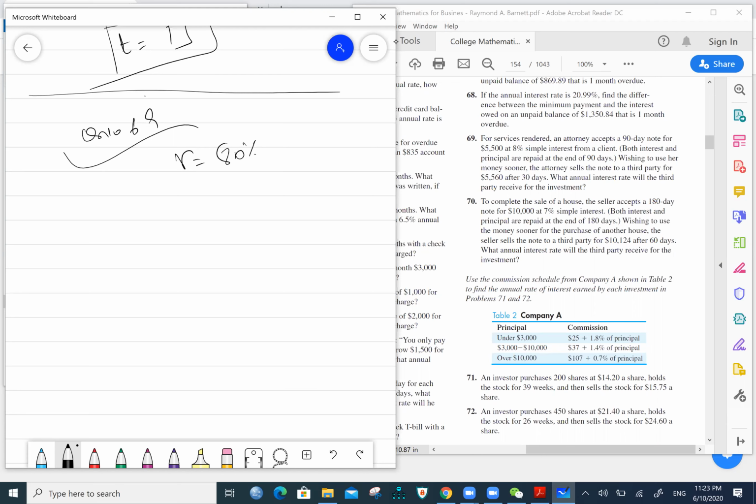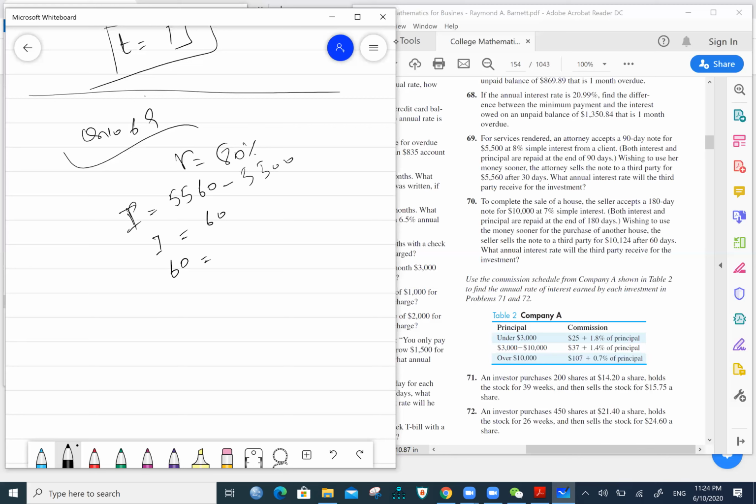So 5,560 minus 5,500, so interest is 60, and he sells it for 30 days.